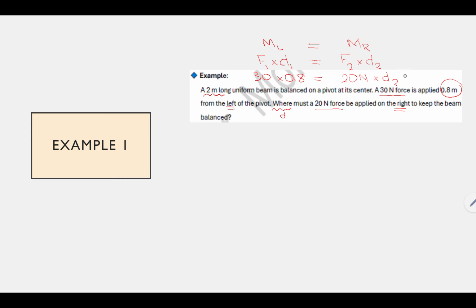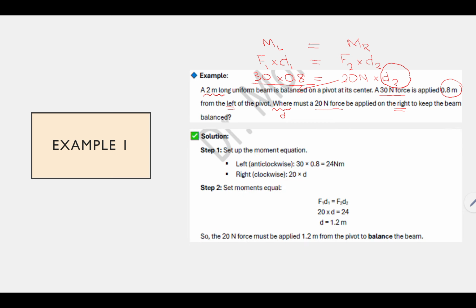So remember, because I have a lot of students that have a problem with cross multiplication, if I want D2, then everything next to it has to go to the bottom part of the other side. So I'll move the 20 newtons to the left. The 30 times 0.8 gives me 24.